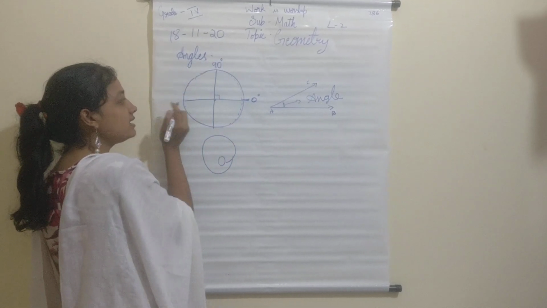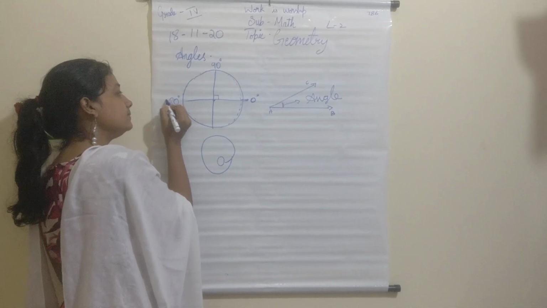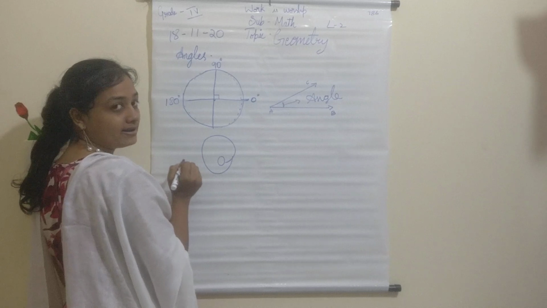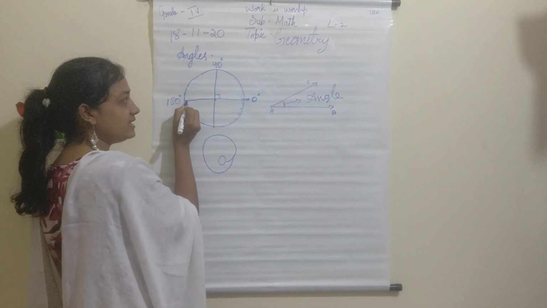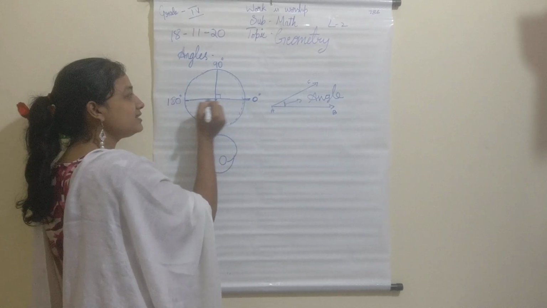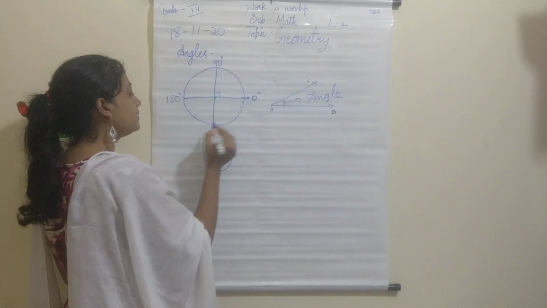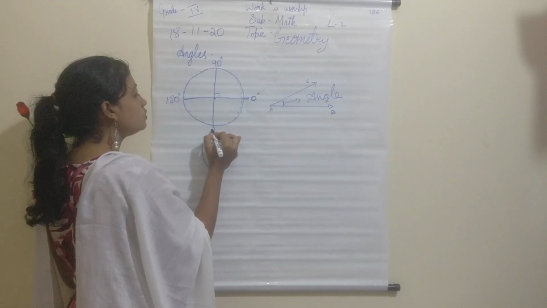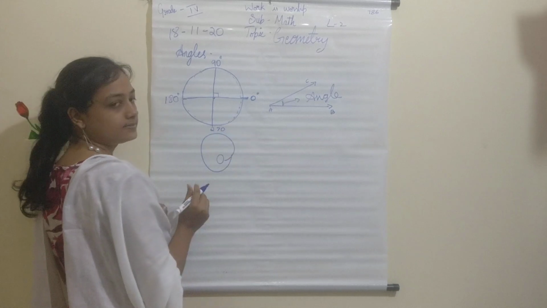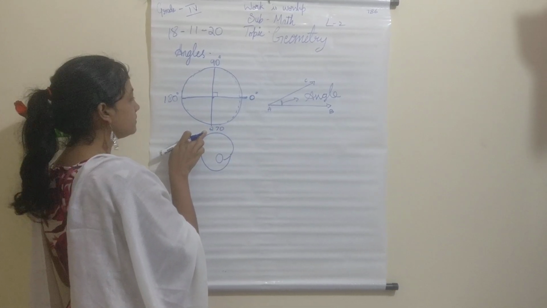After 90, here we get 180 degree. When I start from 0 and reach 180, I can see a straight line will be formed. And here you get 270 degree.